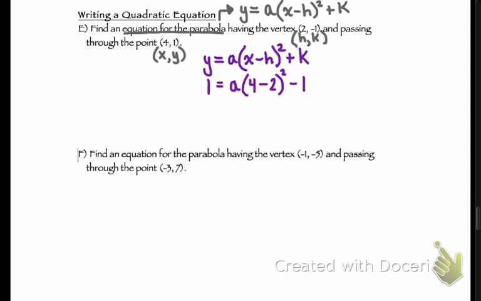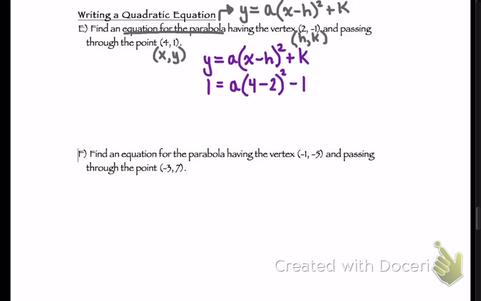I know y is positive 1. I don't know what a is. I know x is positive 4, minus h. h is 2, so I write minus 2. And then plus k. You could have put plus negative 1, but I know plus negative 1 is the same thing as minus 1.